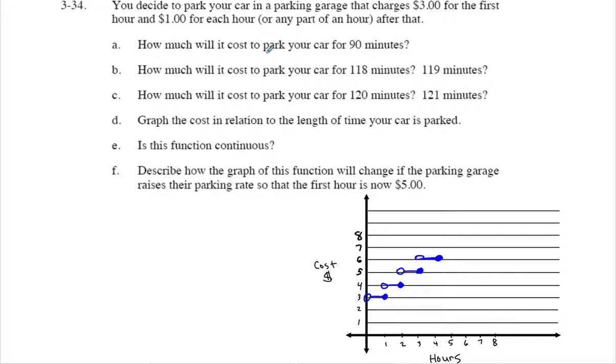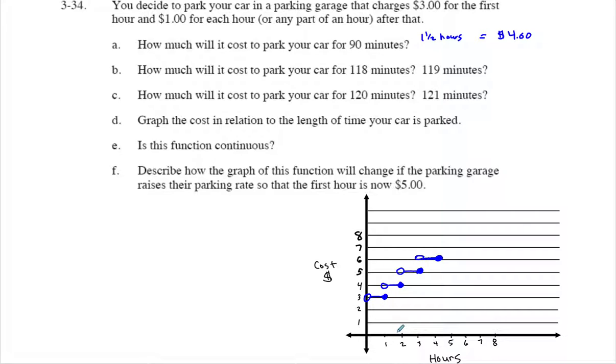So how much will it cost to park your car for 90 minutes? That's like 1 1/2 hours. So if we look here at 1 1/2 hours, we should be getting charged $4. Second one here says, how much will it cost to park your car for 118 minutes?